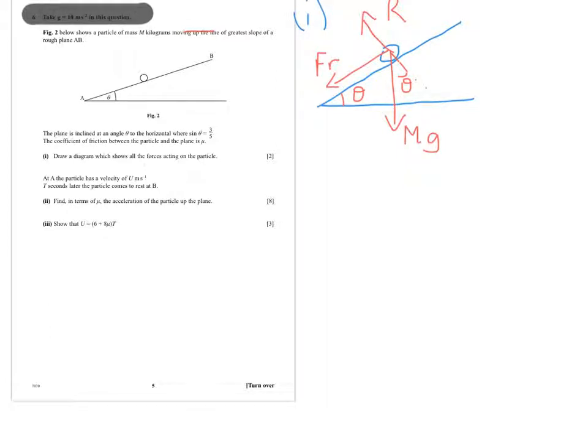So what's probably happening is that the particle has been given a push, being projected from A at the bottom, and then it's just moving upwards. And as we'll see, it'll be slowing down. If you read through the rest of the question, you can see that we have down here that it comes to rest at B. So it is indeed slowing down.